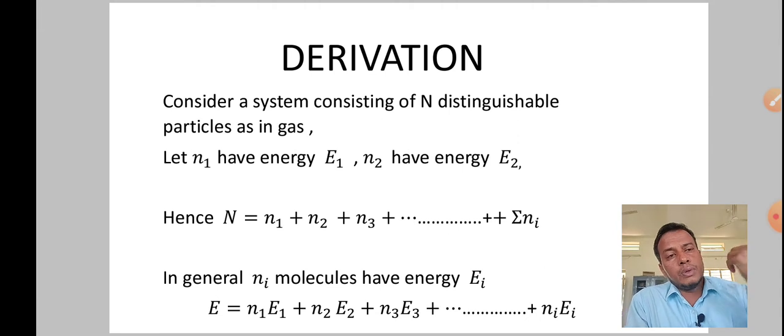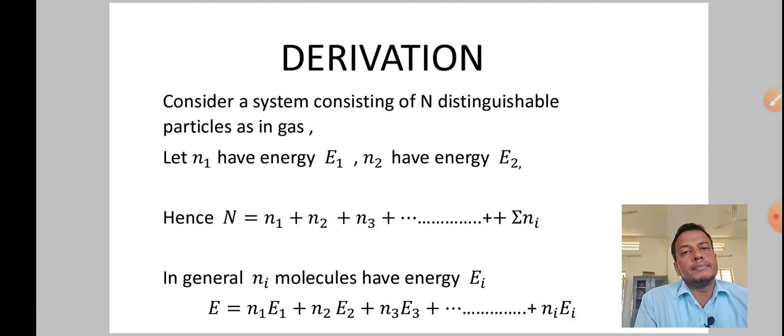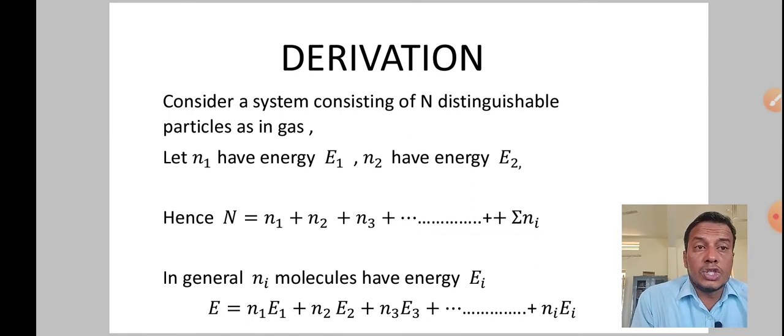So how can we derive the Maxwell-Boltzmann law of distribution function? Consider a system consisting of a number of particles which are identical and distinguishable.